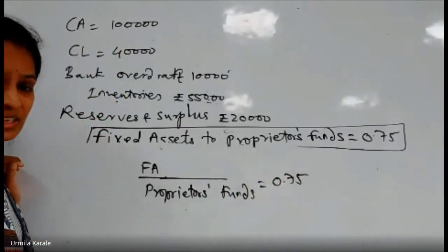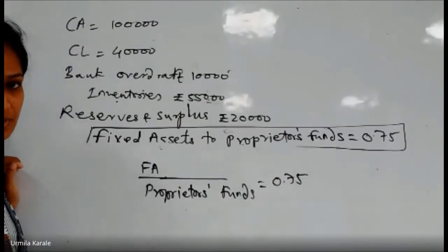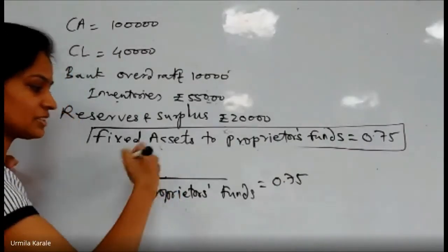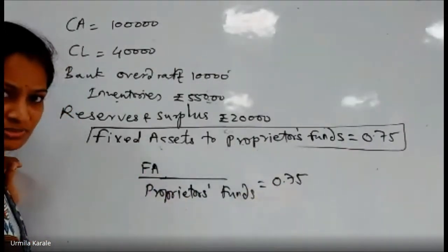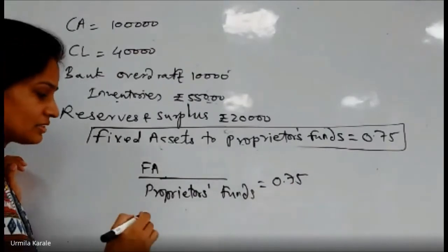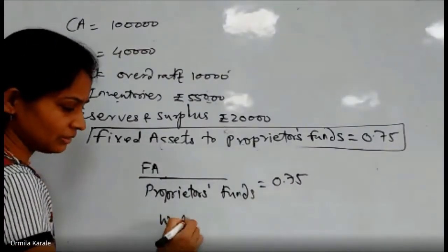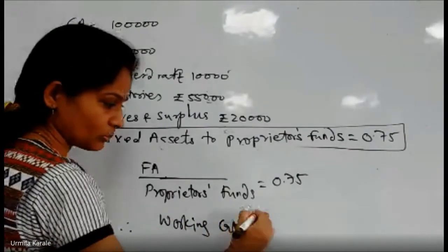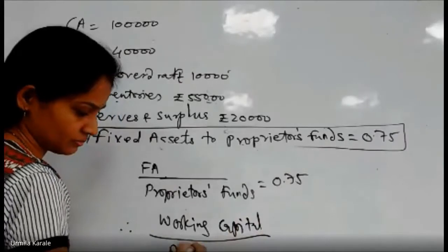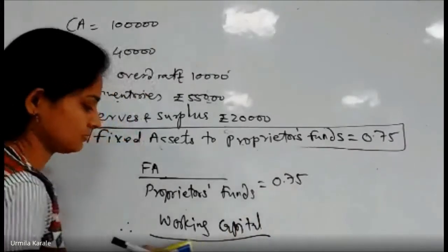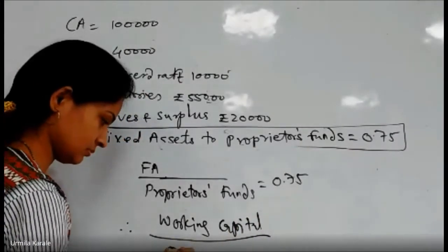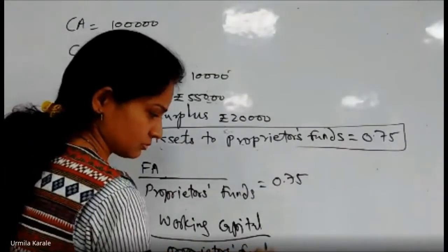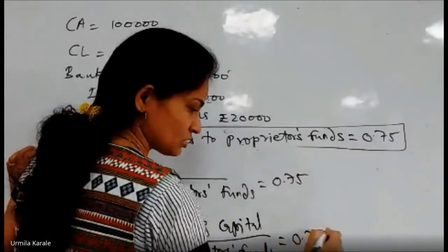What does it mean? The remaining amount is invested in working capital, so we'll just put it in the format. If proprietors funds invested in fixed assets is 0.75 or 75%, it means working capital out of proprietors funds is 0.25, means 25%.